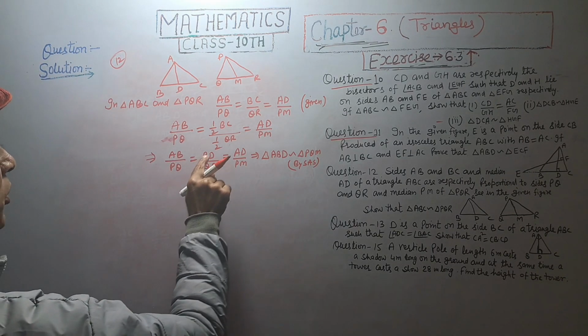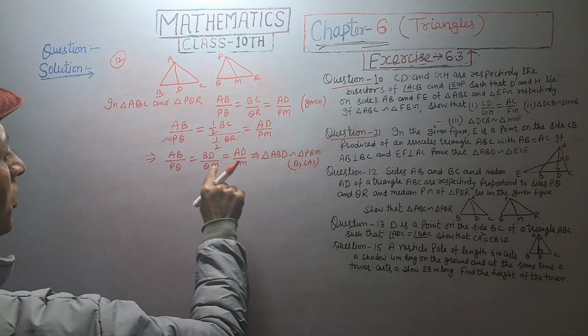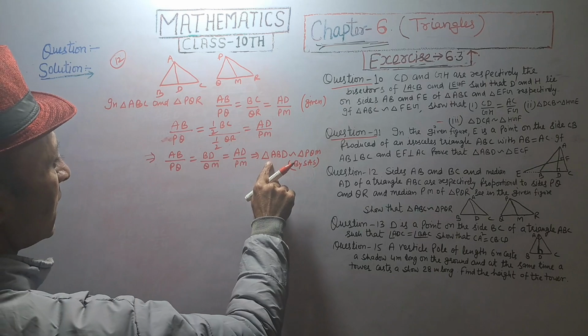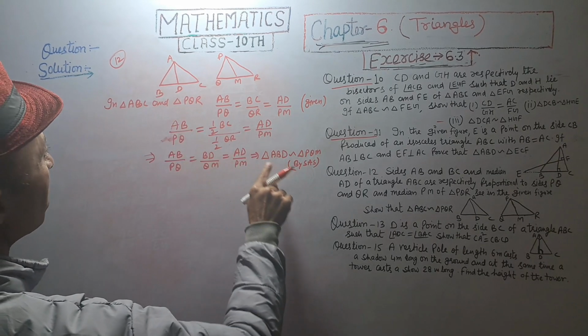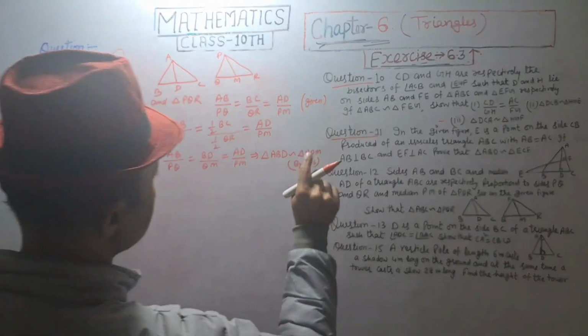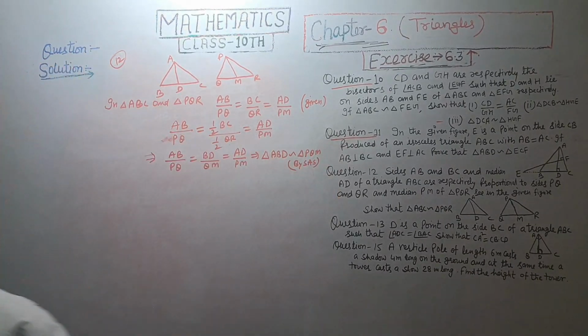AB upon PQ equal to BD upon QM equal to AD upon PM. So triangle ABD is similar to triangle PQM by SAS rule.